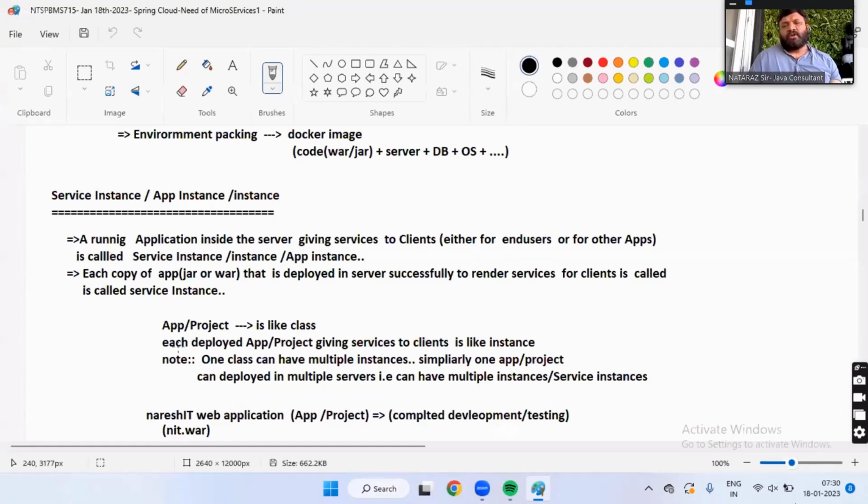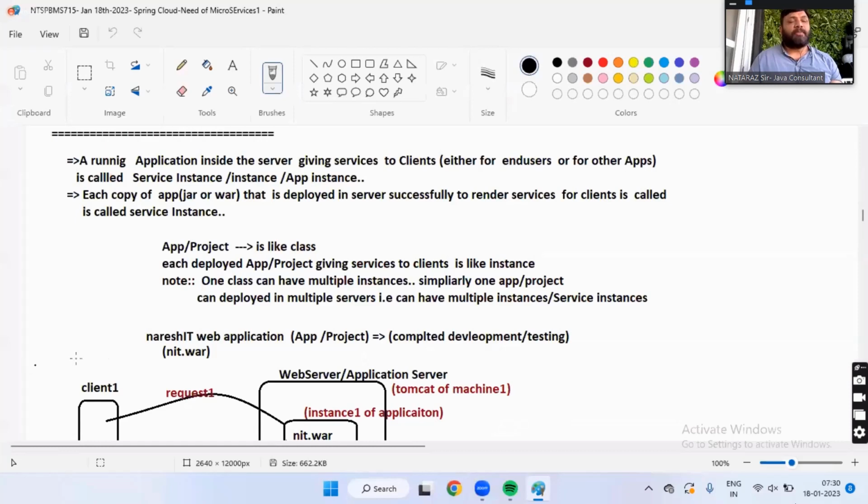Our application or project is like a Java class. How many times you deploy it, either in different servers or the same server, on the same machine or a different machine, each one is like an instance.